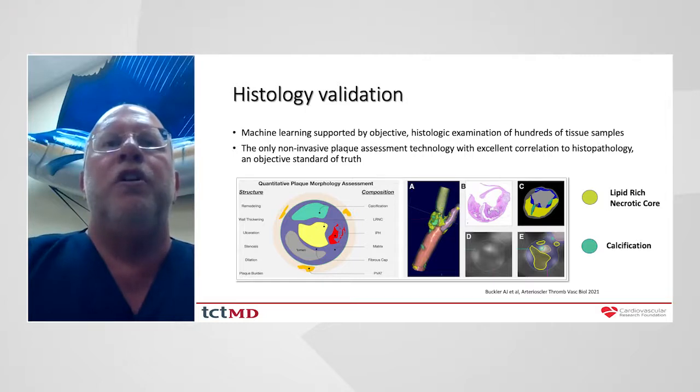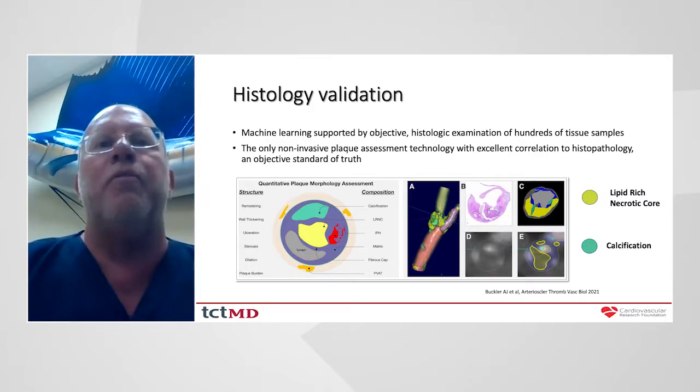The features that it gives you after extraction are those of plaque structure. We get values on remodeling, wall thickening, ulceration, stenosis, dilation, and overall plaque burden. More importantly, it very granularly looks at the composition of the plaque in terms of calcification.